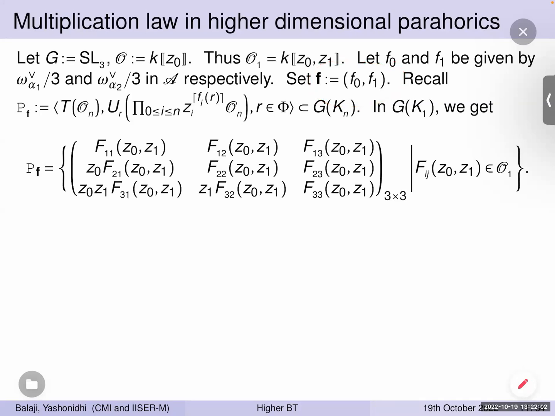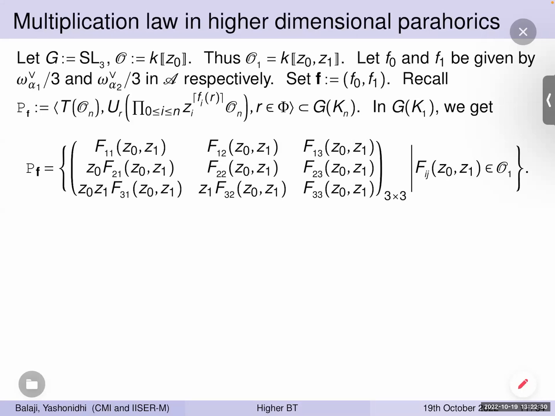which will be 3x3 matrices in SL3 of capital K_1, where the f_ij's are in the formal power series ring O_1, and the main feature is that the 2,1 entry must have a zero of order at least 1 in z0.